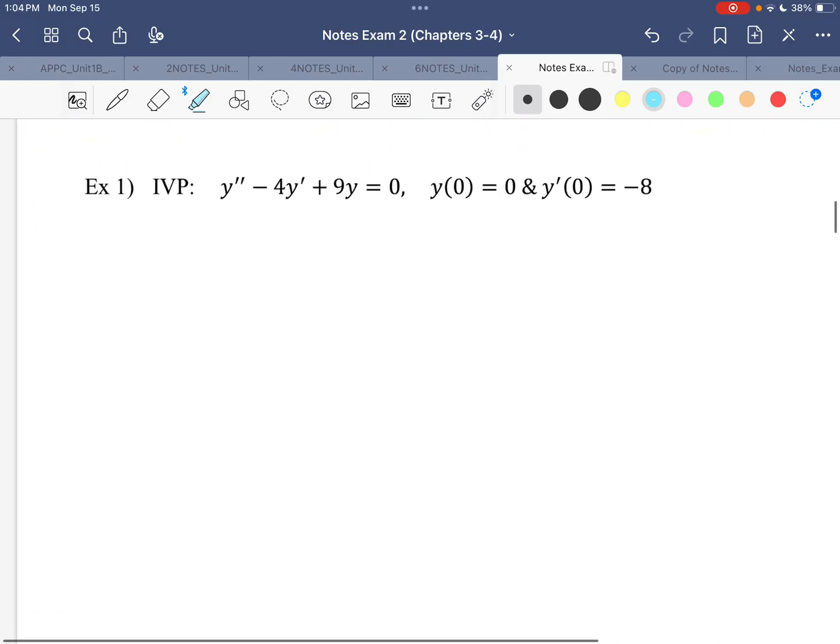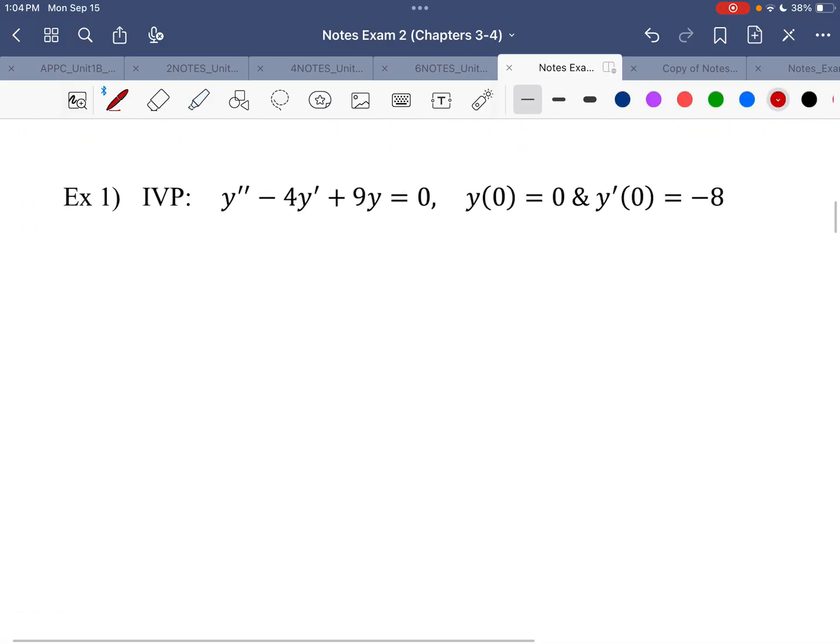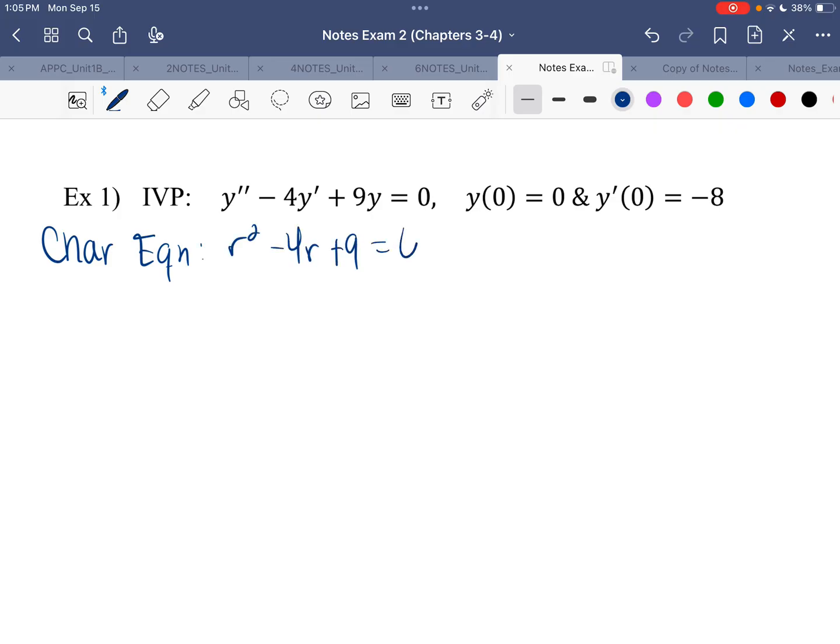Okay, so let's try to do 1. Our characteristic equation r squared minus 4r plus 9 equals 0. Okay, you can use your calculator or complete the square.